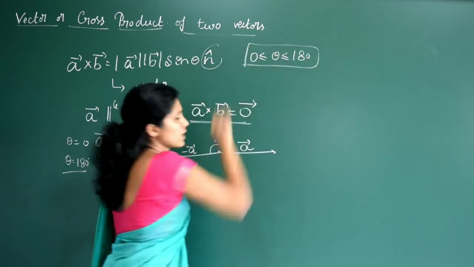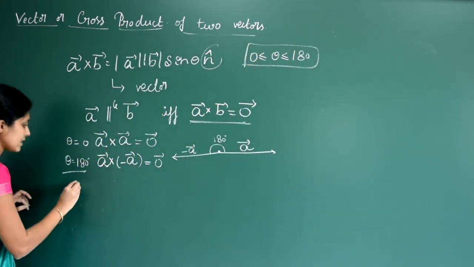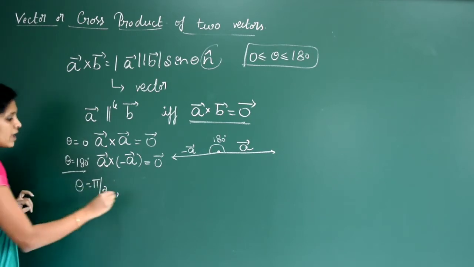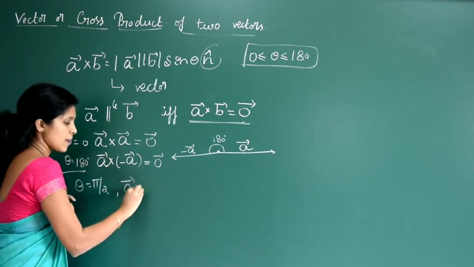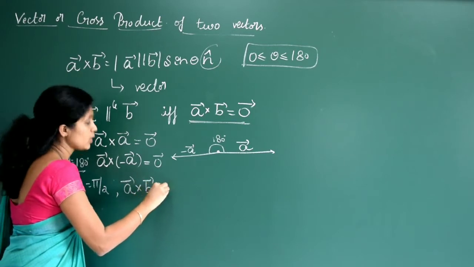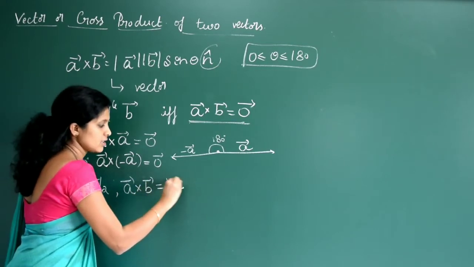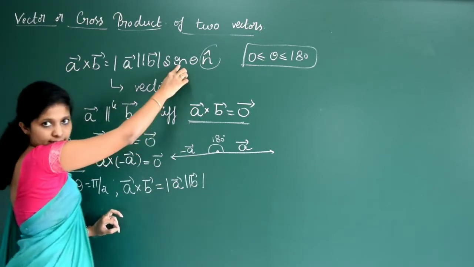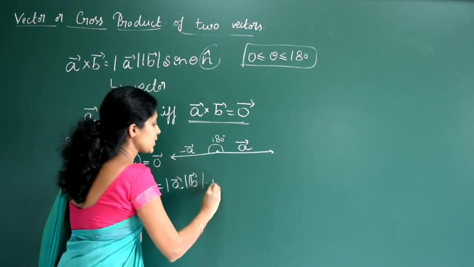Remember this. Okay. Now, if the angle theta is equal to pi by 2, what can we write? A vector cross B vector will be equal to magnitude of A vector, magnitude of B vector, into sin 90, sin 90 will be 1, into n cap.